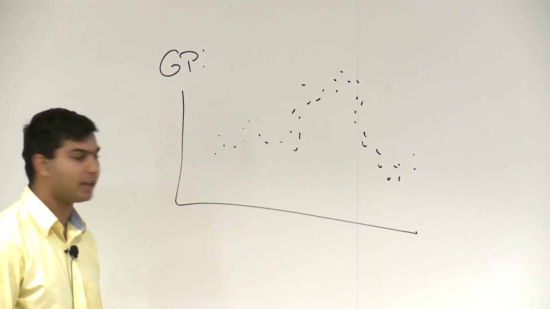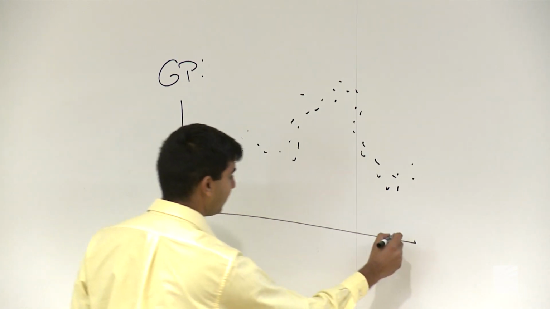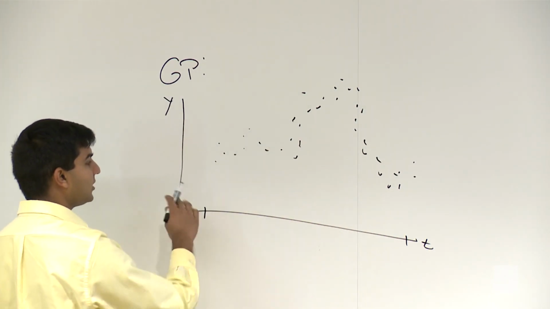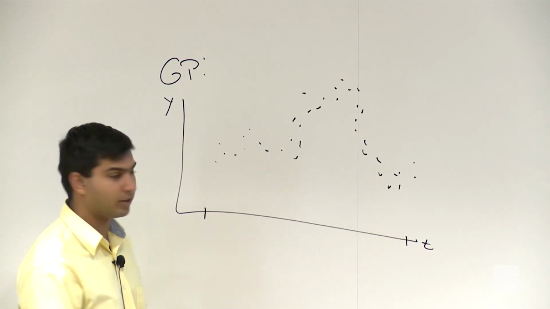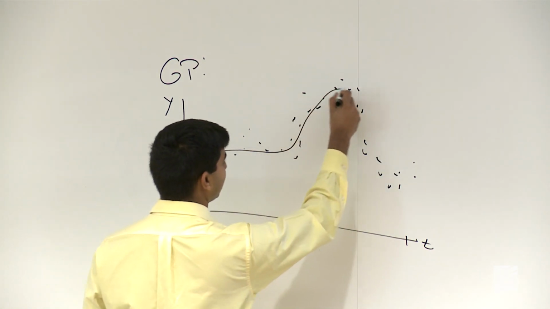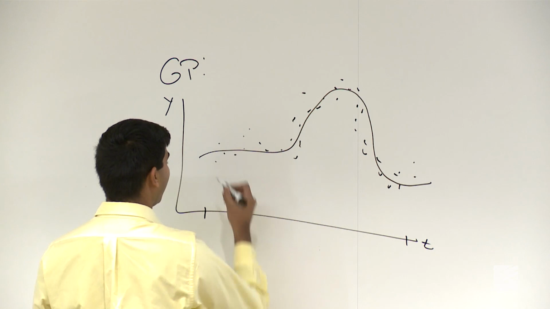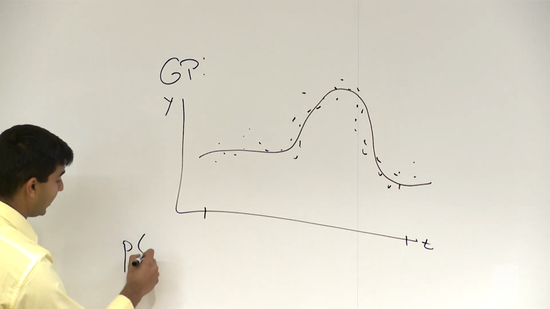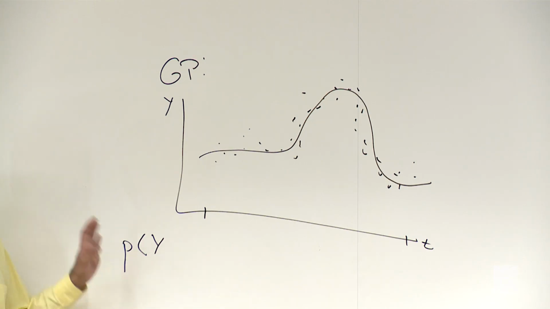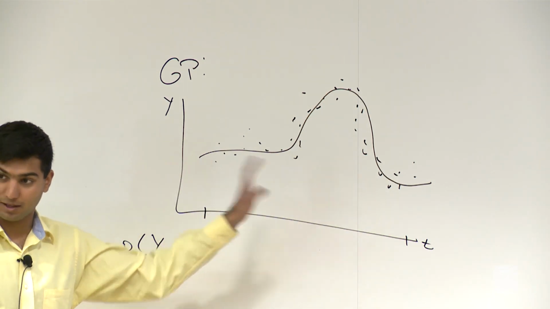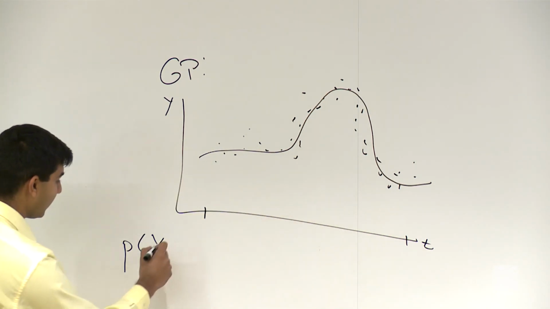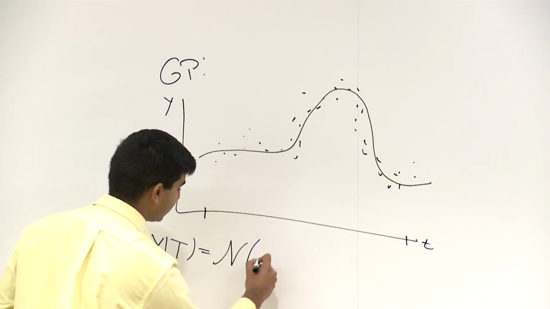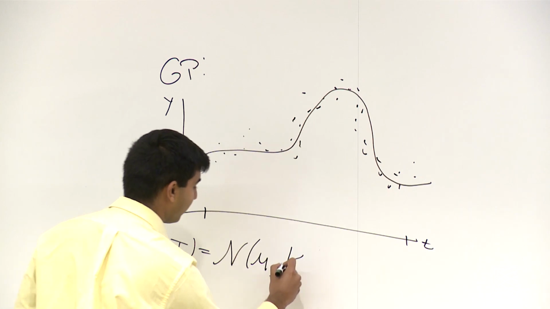It tries to say, given some inputs, let's say t, and outputs y, what does it believe the function is from t to y? And it does that by saying that the probability of every point in y, so it thinks about all the probabilities of every instantiation at the same time, given t, is a multivariate normal with some mean and some covariance kernel.